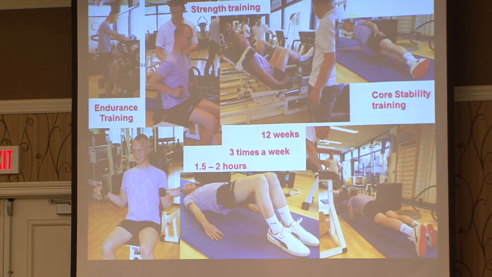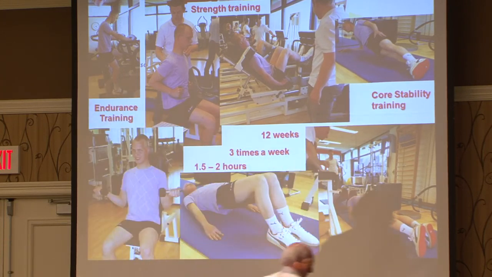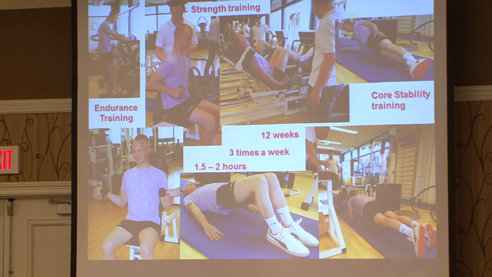At that moment you try to get these patients to a maximum workload, so each time 5 to 20 watts is increased depending on how much the patient can endure until you reach the maximum workload, the maximum heart rate and the maximum oxygen consumption, and that's what you measure again after 3 months of ERT.